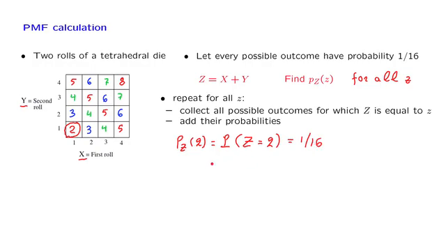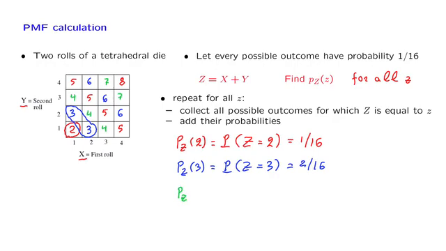We can continue the same way for other values of little z. So, for example, the value of the PMF at little z equal to 3. This is the probability that our random variable takes the value of 3. This is an event that can happen in two ways. It corresponds to two outcomes, and so it has probability 2/16.